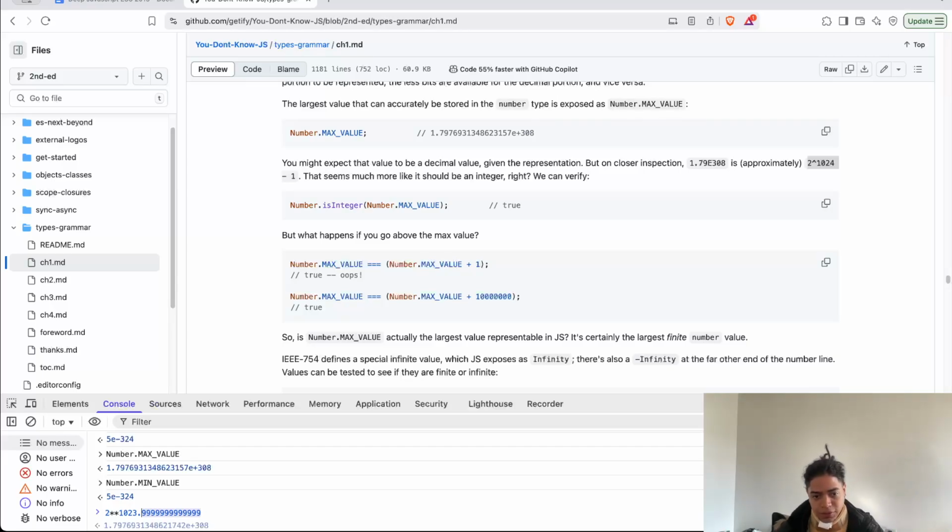But it's roughly this. This is the maximum value that you can represent, and approximately, exactly, approximately is this minus 1.